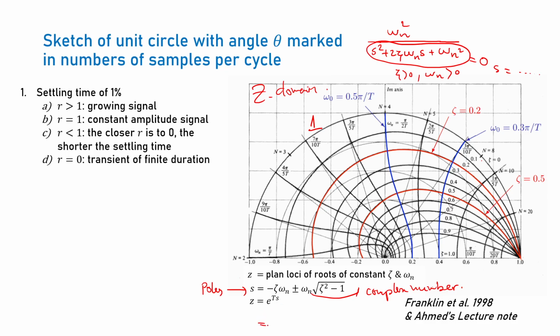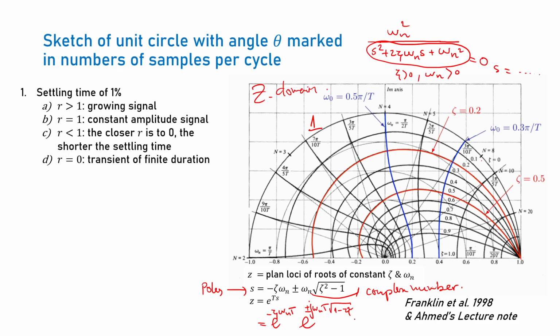I can rewrite it as e to the minus zeta omega n t, and then times e to the plus minus omega n t, and then times j, I put j, the complex number here, and then square root of 1 minus zeta square, because we only consider zeta less than 1.